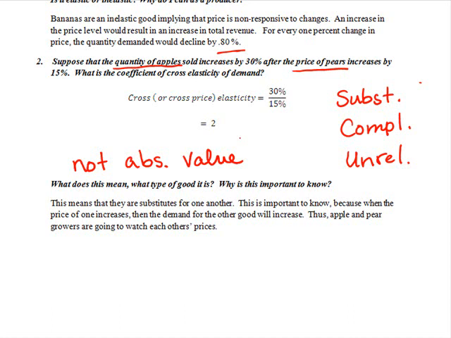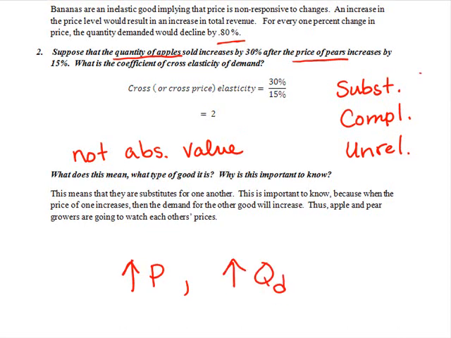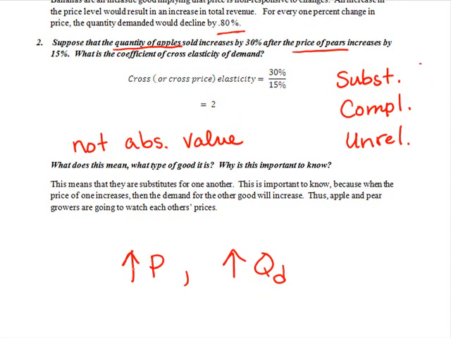Now what this means is that if I see the price of one going up, then I should expect the quantity of the other to increase. So for this particular example, if there's an increase in the price of pears, I should see that the quantity of apples should increase.